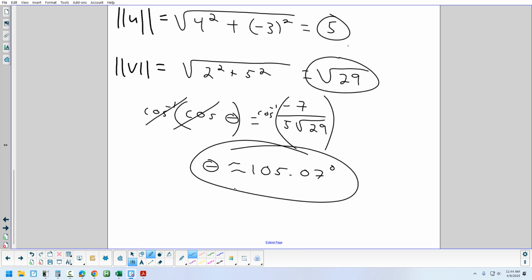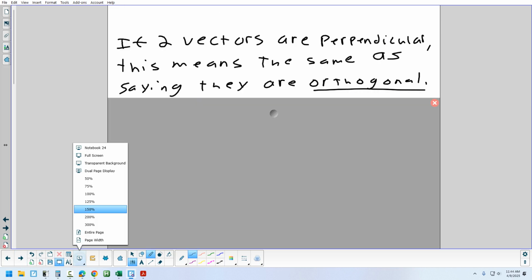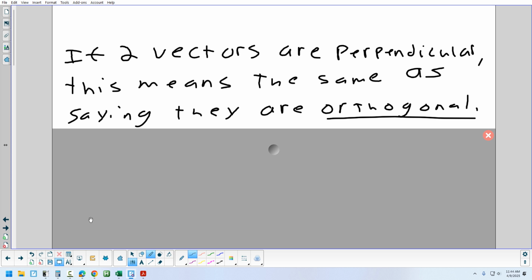A 0 and a 180 would be the same case. They're both special. We're going to talk about both of those. And 90 is the other one. So if 2 vectors have an angle of 90 degrees between them, they are perpendicular.